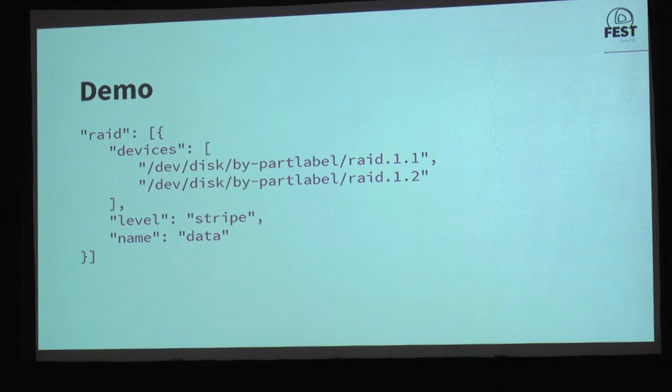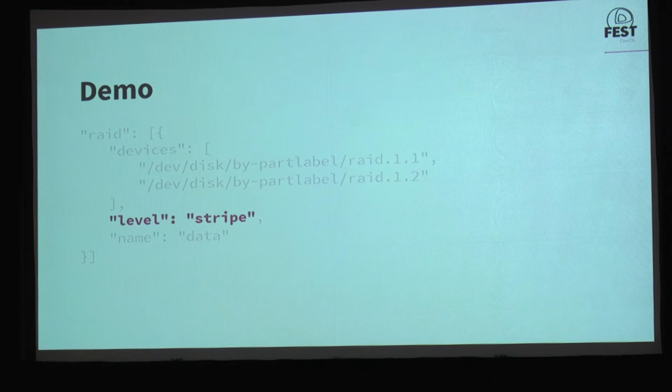Now we build the RAID array on top of that. So we reference both of these devices that we just created, RAID 1.1 and RAID 1.2. We say create a stripe level RAID array, and then we're going to call it data. And we'll use data in the next couple of sections to reference this RAID array that we've just created.